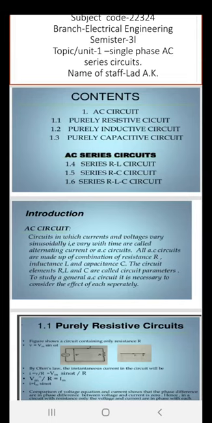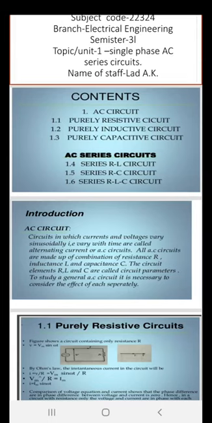A circuit in which current and voltage vary simultaneously, that is, vary with time, is called an alternating current or AC circuit.